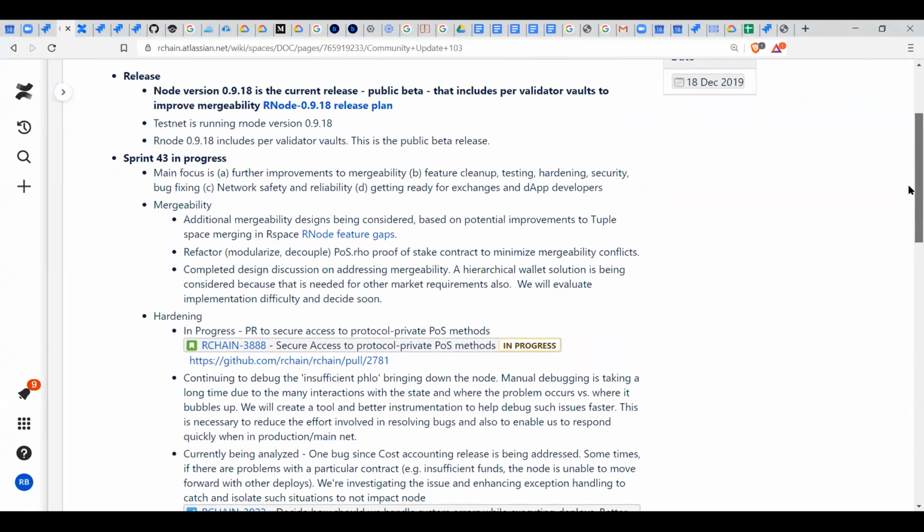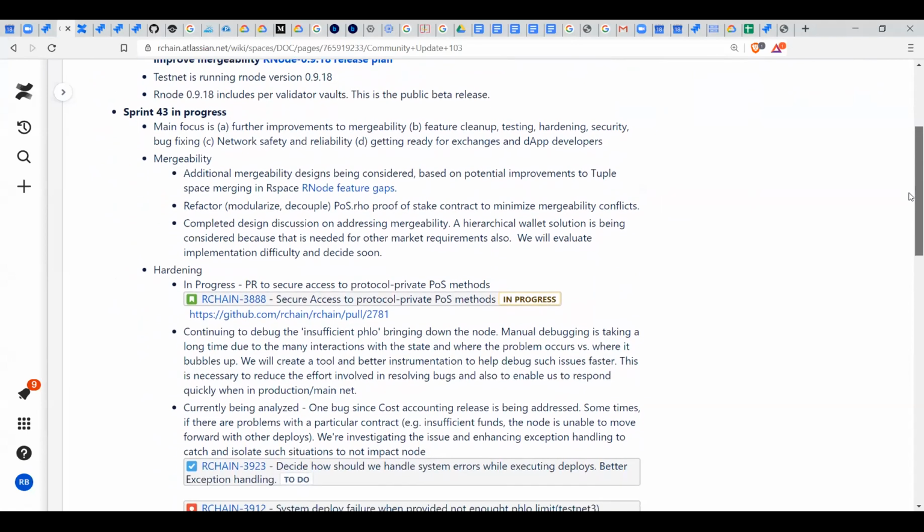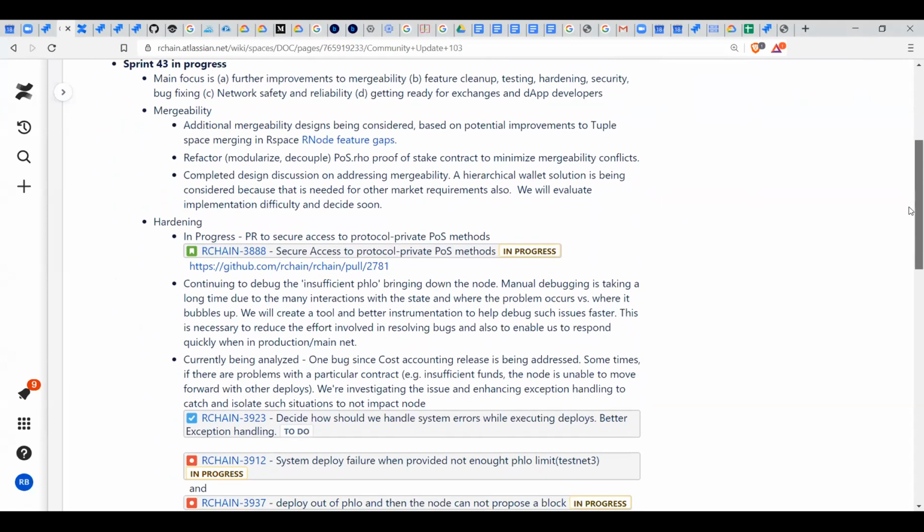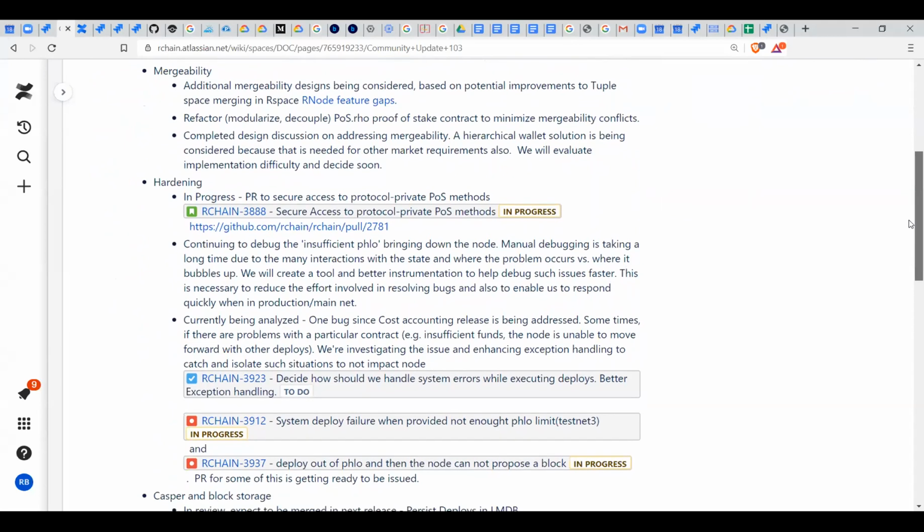So we have the public beta release, the 0918, running on the testnet right now. And there is one particular issue that was bugging us, which is the insufficient flow causing the node to stop, and then all the resultant issues.